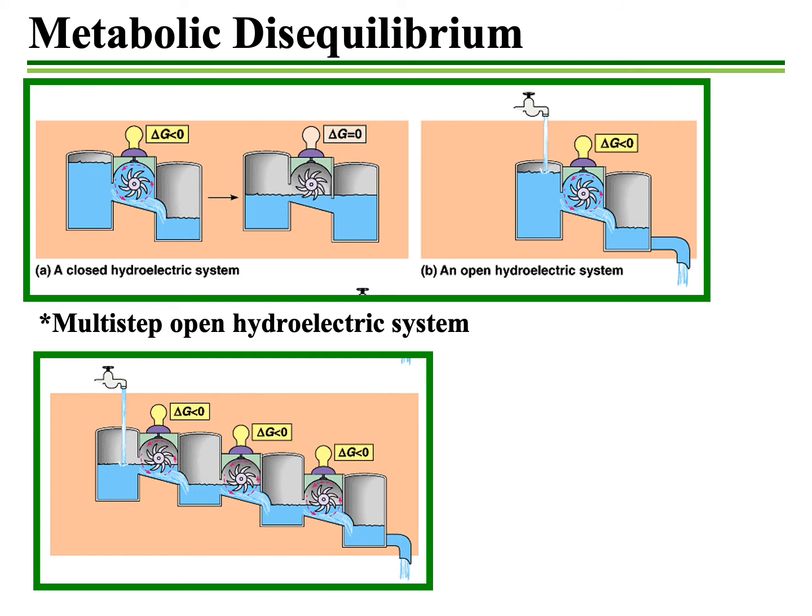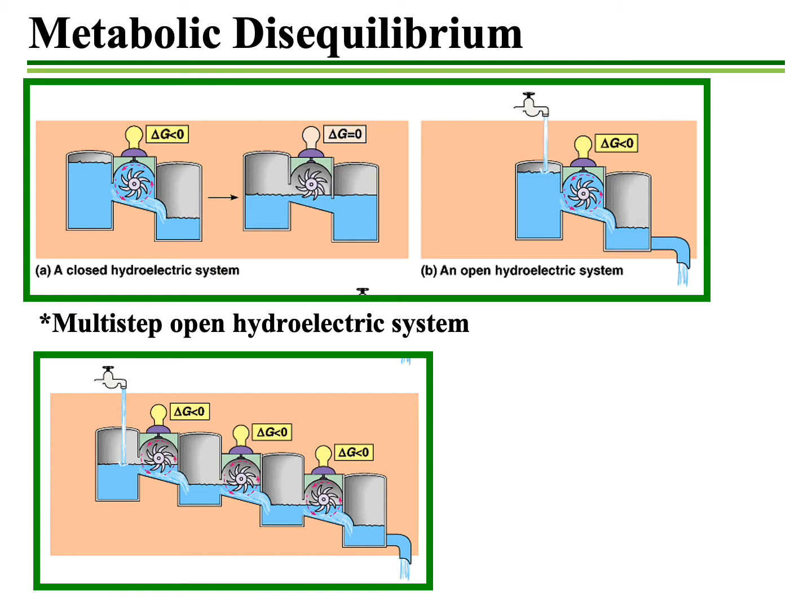In this very simple system, as long as that water in the first tank is full, and there's an opening or a connection between the first tank and the second tank, the water will rush from the first tank, turn the turbine, generate electricity, turn the light bulb on.